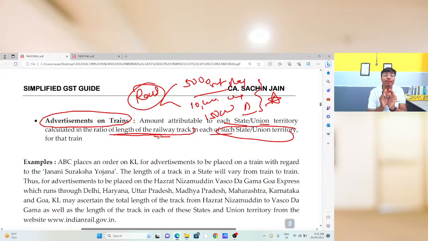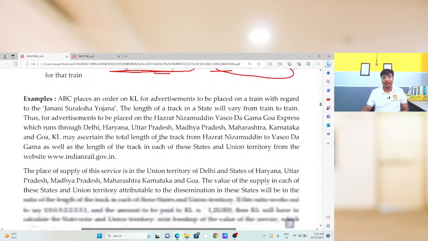There is no distribution of the place of supply. The distribution is regarding the amount. How are we going to decide the place of supply for this specific amount? Suppose to that advertising agency, the central government or state government is going to pay 1 crore rupees. In that case, how do we decide the value for which IGST should be charged, the value for which CGST should be charged, and the value for which SGST should be charged? For deciding that, we need to bifurcate the amount according to the place of supply. Hence, we are going to decide the place of supply.